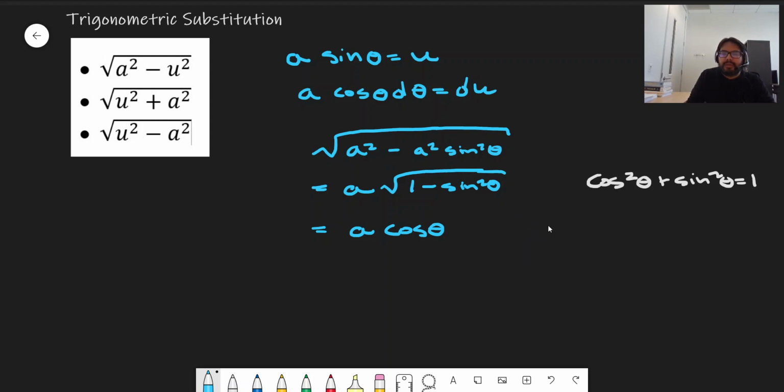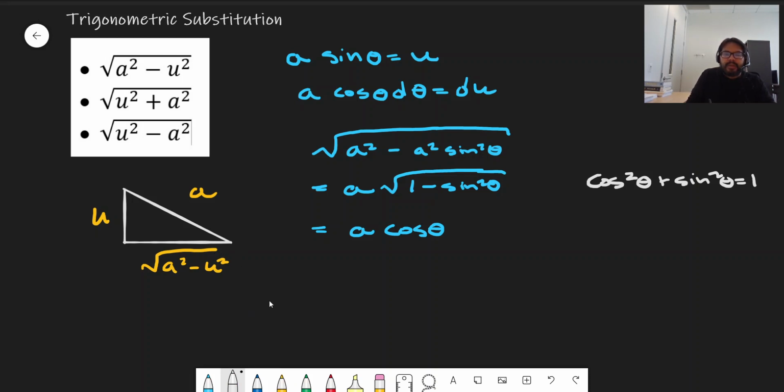But another way that you can do it, which is a very common method, is to make a right triangle, and you would label each of the sides. For example, by definition the opposite is u and the hypotenuse is a. But the Pythagorean theorem says that a squared minus u squared is going to be this adjacent side.